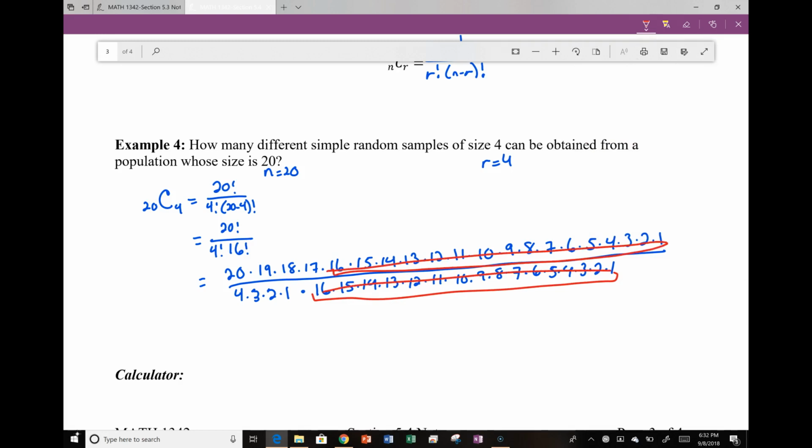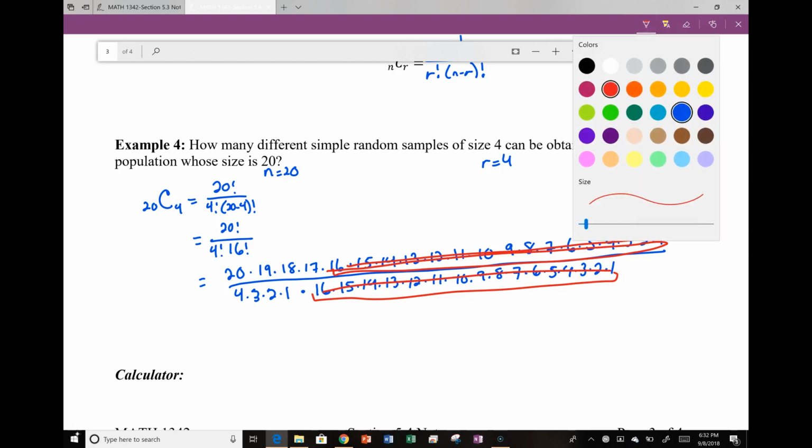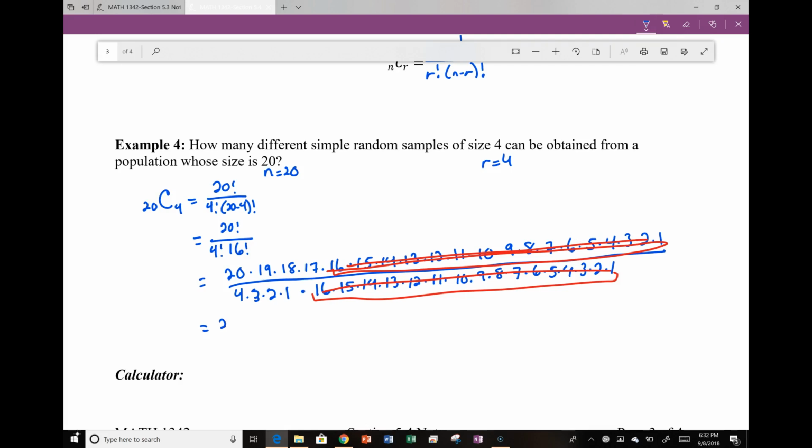So those are going to divide out, which leaves me with 20 times 19 times 18 times 17 divided by 4 times 3 times 2 times 1. Whenever I multiply and divide this, I get that there are 4,845 different ways 4 items can be selected from 20 items.